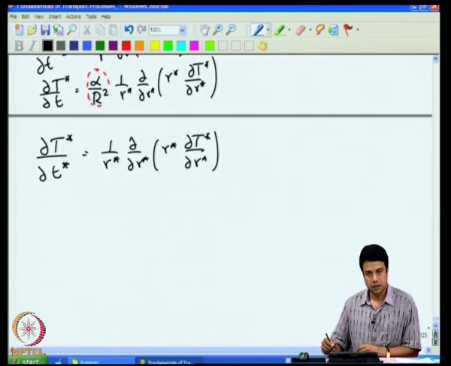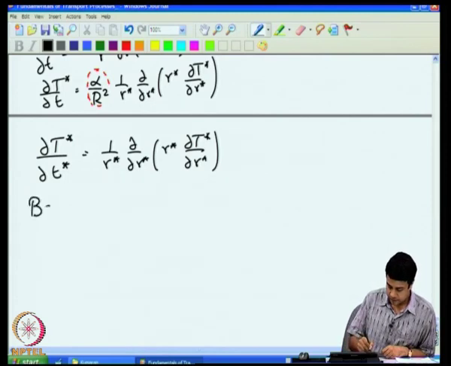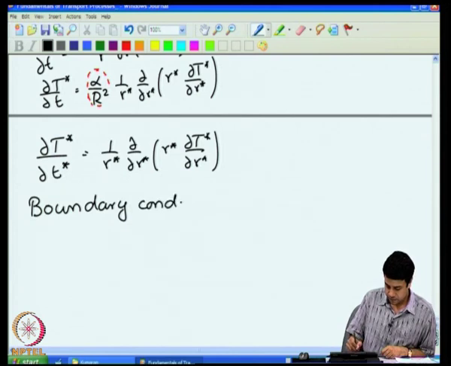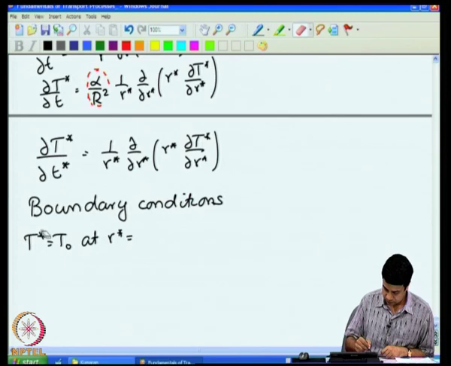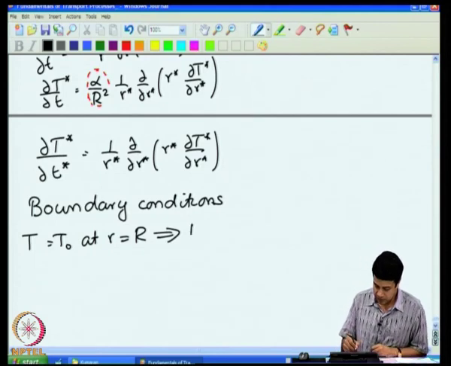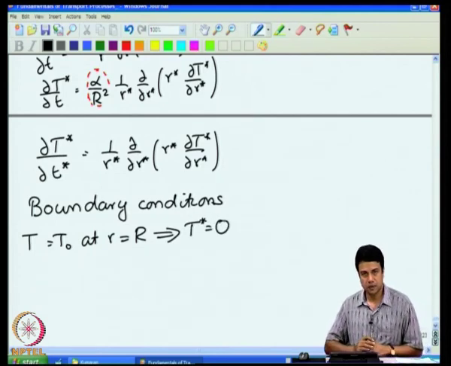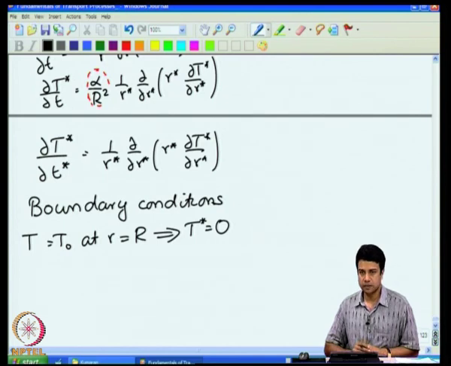What are the initial and boundary conditions? Boundary conditions: the first one was that T is equal to T naught at r is equal to capital R, which is equivalent to writing T star is equal to 0, because T star is equal to T minus T naught by T 1 minus T naught.